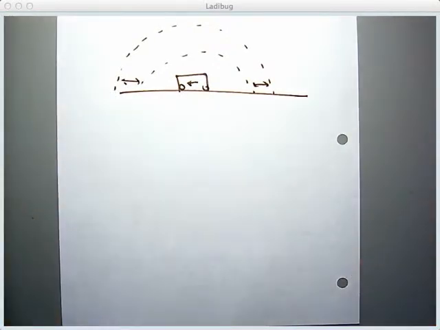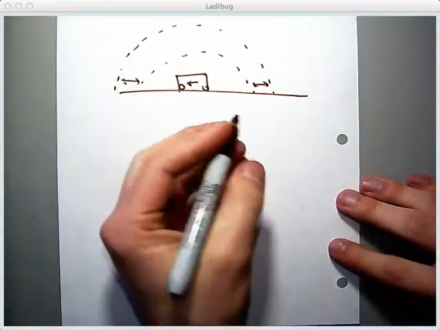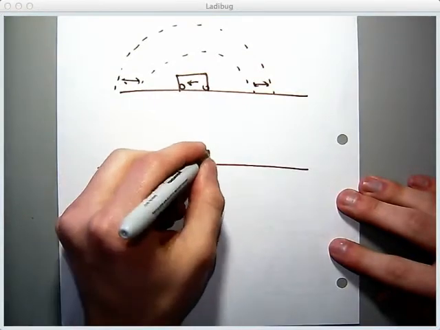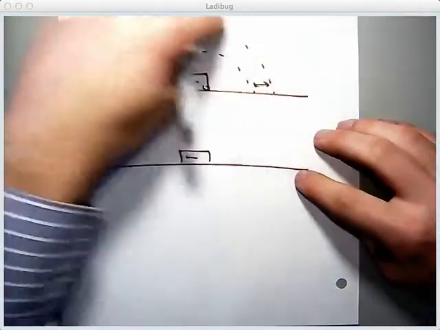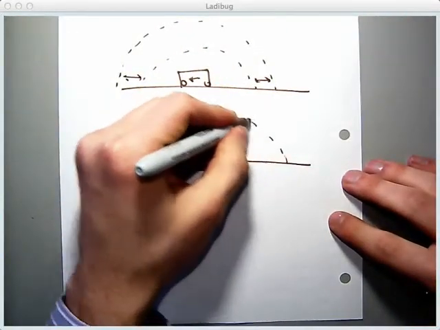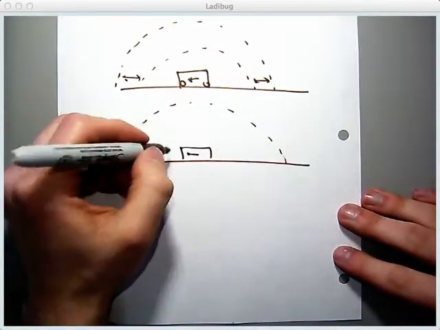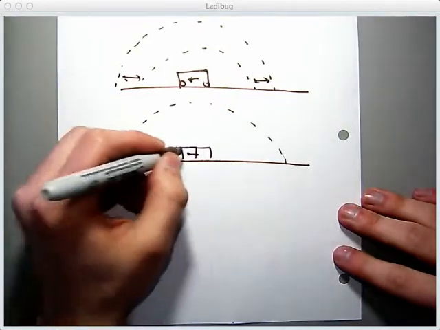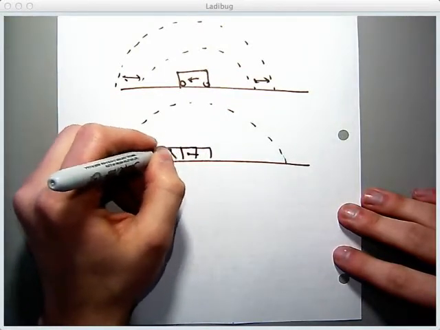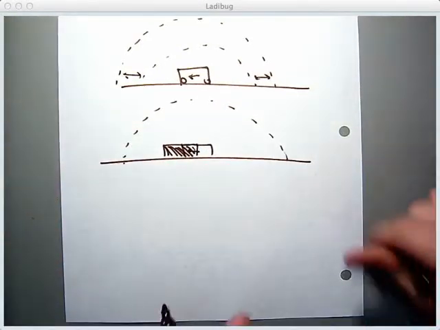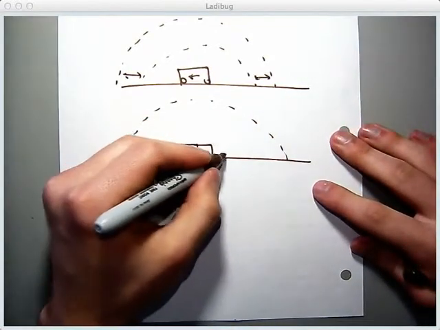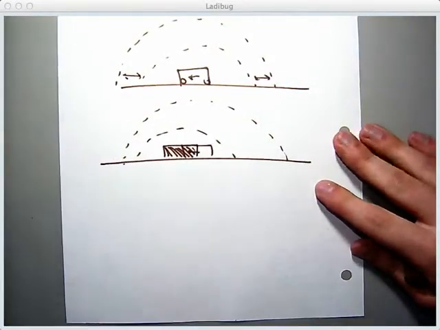But if that race car moves, it produced this sound wave, so that sound wave is exactly the same. However, now it's moved over in this direction. So by the time it produces the second sound wave, it's in a different position.